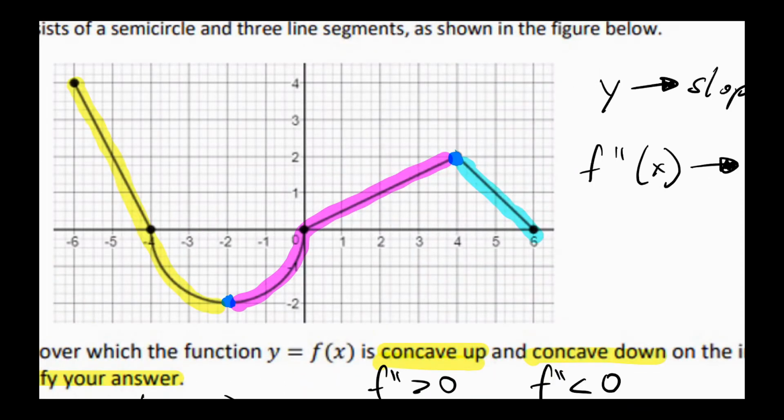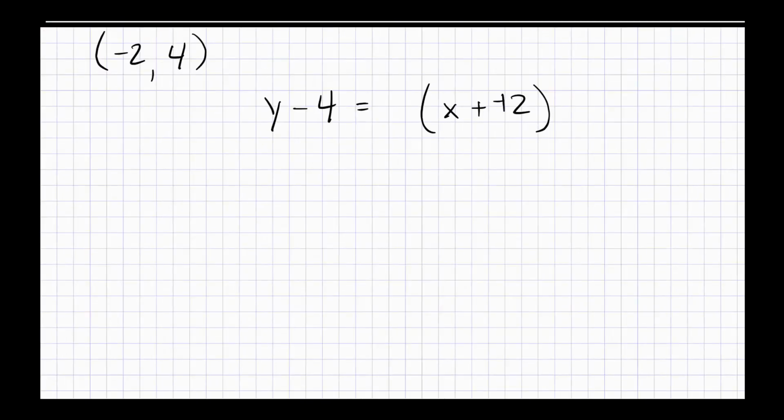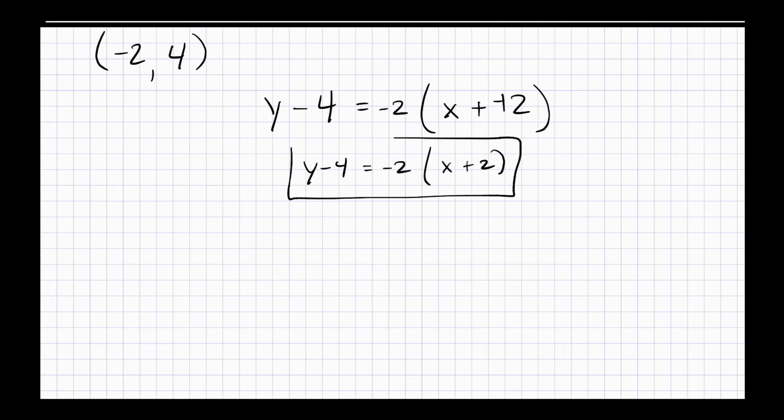It's -2, right? So at this point here, which also happens to be a point of inflection, the slope was -2. Okay. So y minus 4 equals -2 times x plus 2. Okay, done.